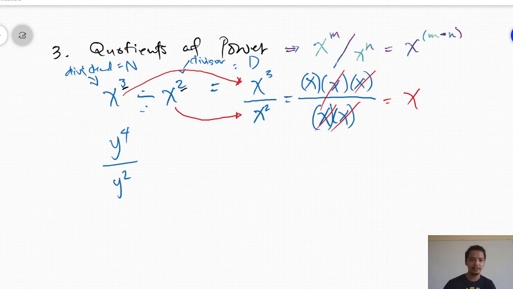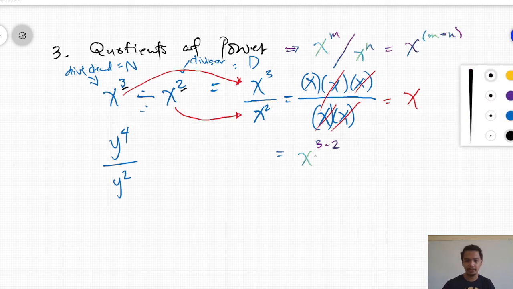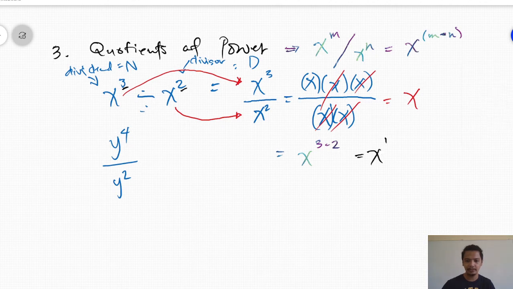Okay? So, basically, parang ganito. So, we have here x cubed divided by x squared. So, that will be equal to x raised to 3 minus 2. So, same lang yun. Magkakaroon tayo dyan ng 3 minus 2. That will be equal to x raised to 1.